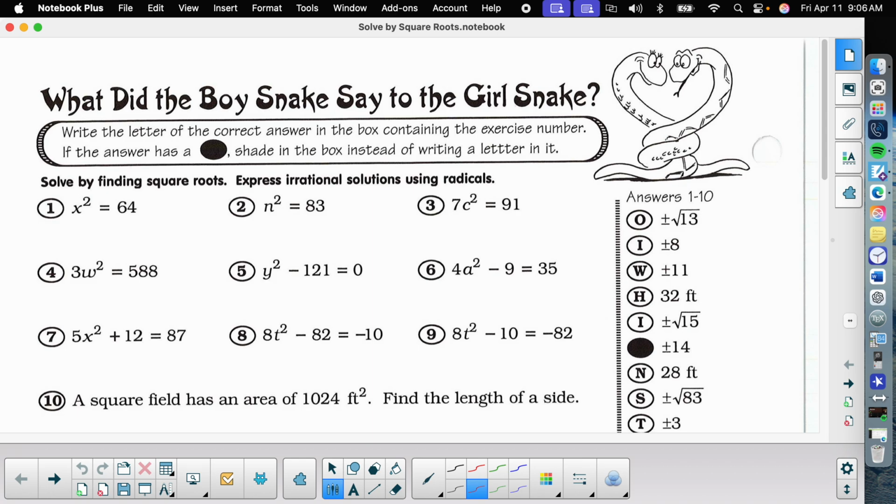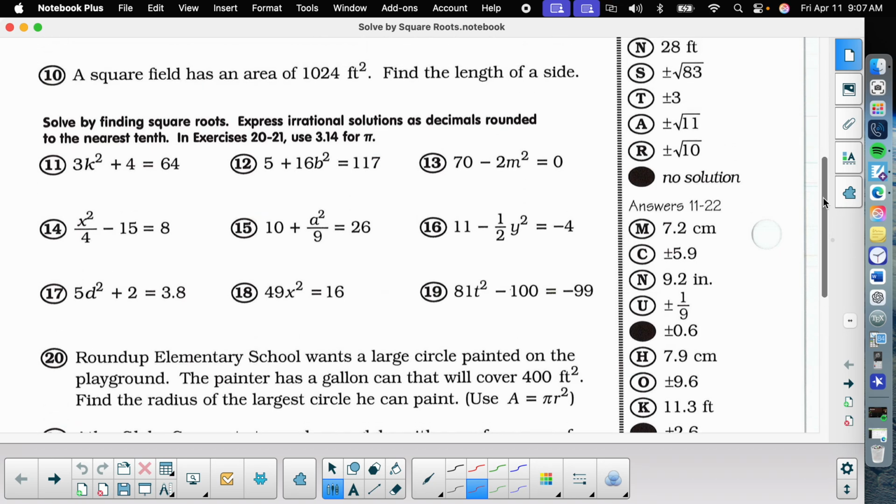But this page, not due today. I would just stick to the top half for right now. Oh, shoot. I take that back. Stick to the bottom half. I wanna talk about the top half Monday. So I would focus on 11 through 19. Those are basically what we did today.